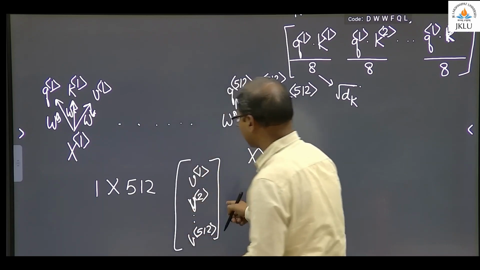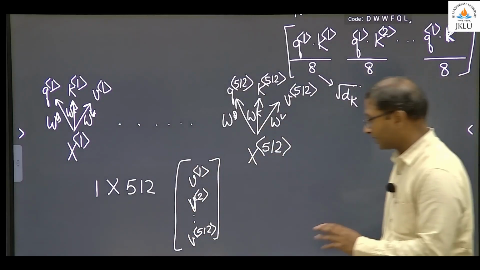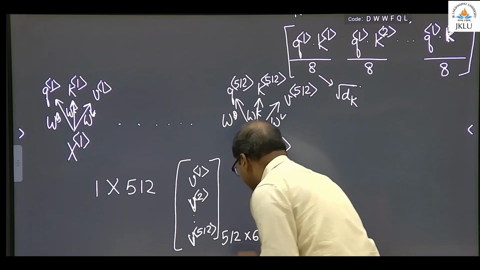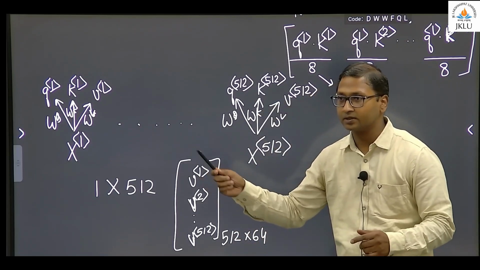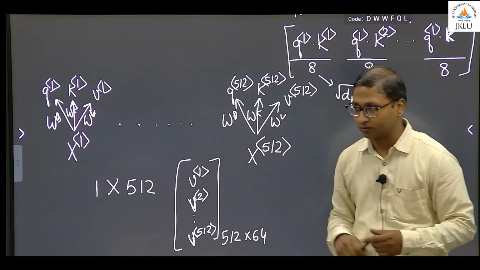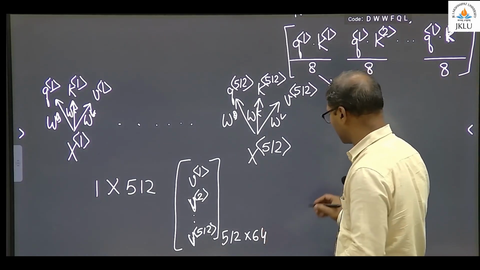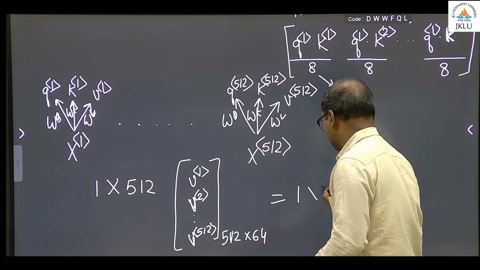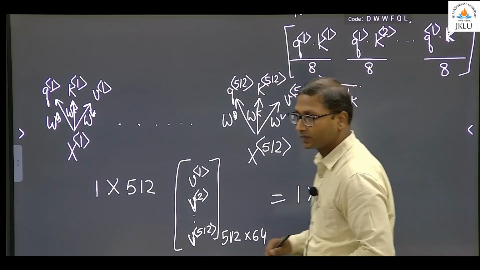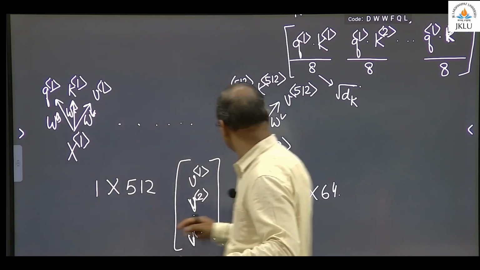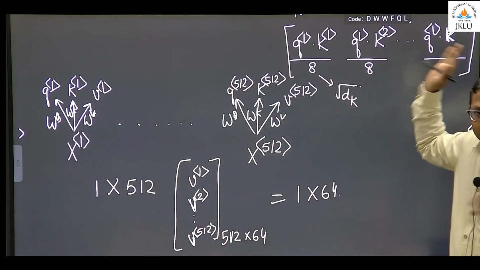What are the dimensions of this matrix? This is 512 cross 64, because each Vi is 64. The resulting thing is 1 cross 64. Now remember the transpose comes into the picture. So finally we will have to make it 64 cross 1 again, that we will see.